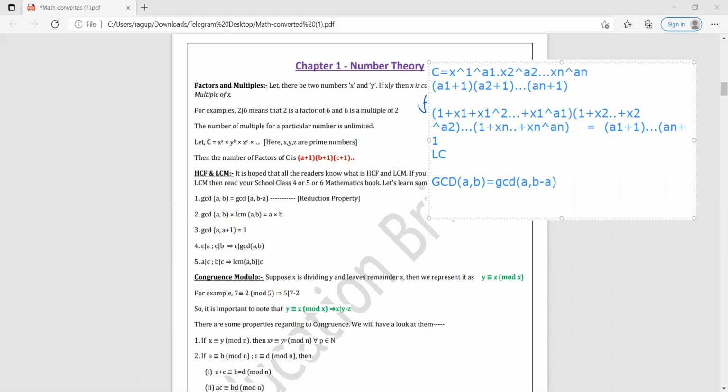So if GCD of A comma B is, let's say, D, then D divides A and D also divides B. If you subtract both, the outcome will also be divisible by D. So D also divides B minus A.